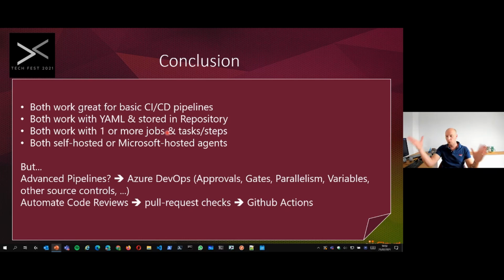So that's more global. Also, Azure DevOps can use other source controls, where GitHub will be GitHub only. Next to that, if you want to automate code reviews, like you saw in the demo, do some pull request checks, definitely GitHub Actions. That's really easy and super fast to set up.